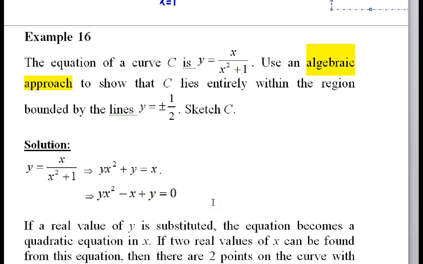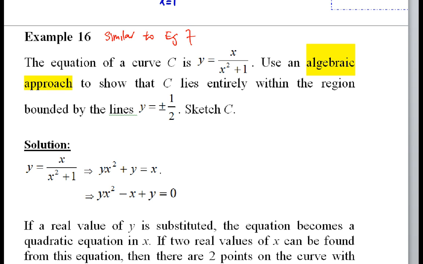Example 16 is similar to example 7. Remember the same approach that we took for example 7. When you revise, make sure you read example 7 first. Then if you understand, example 16 should not be a problem. Similar approach.